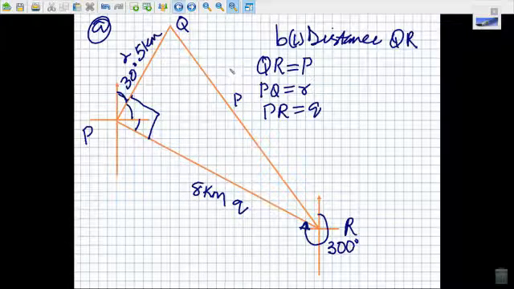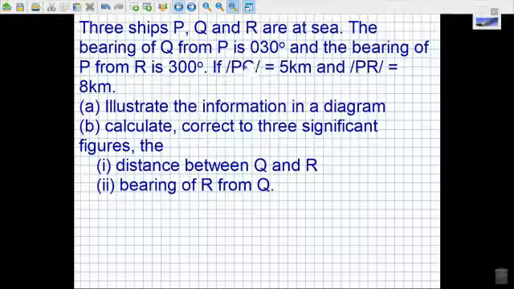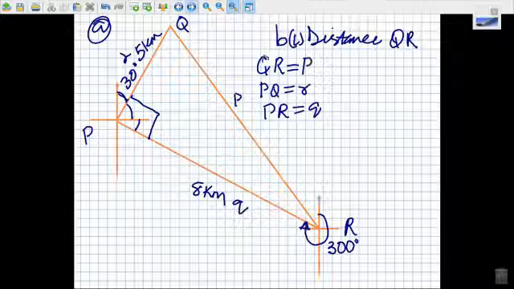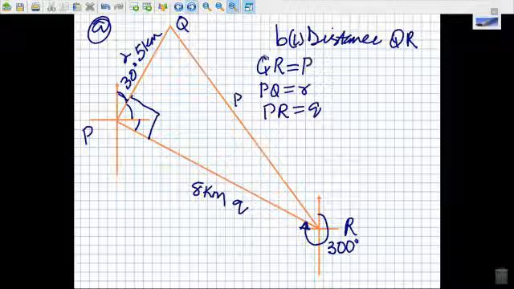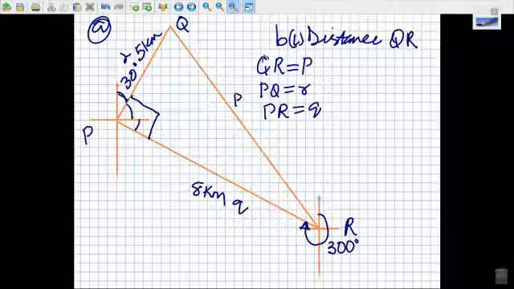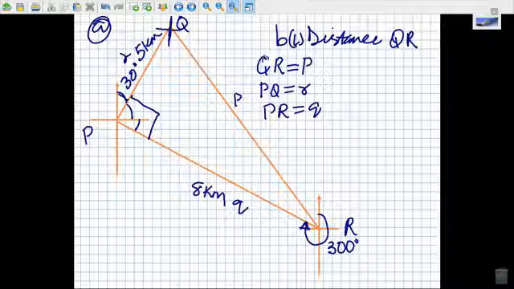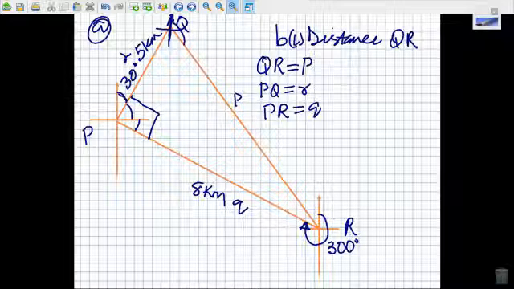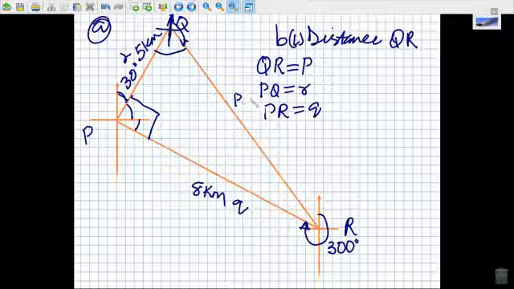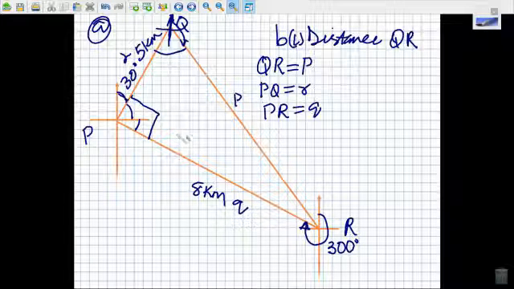Next is finding the bearing. To calculate the bearing of R from Q, we have to find it from Q. We are looking for this angle, so that before we can find that, we need to find this. Using trig ratio, we can find that because this is a right angle triangle.